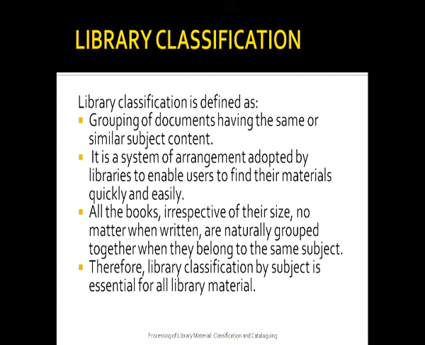All the books in the library, irrespective of their size, no matter when written, are naturally grouped together when they belong to the same subject. Therefore, library classification by subject is essential for all library material.